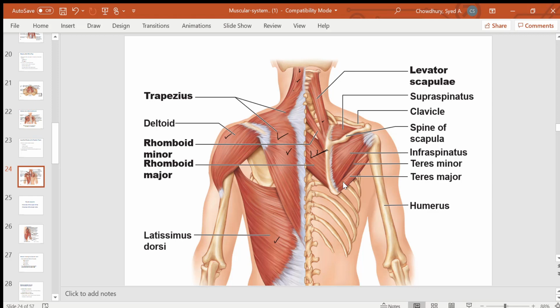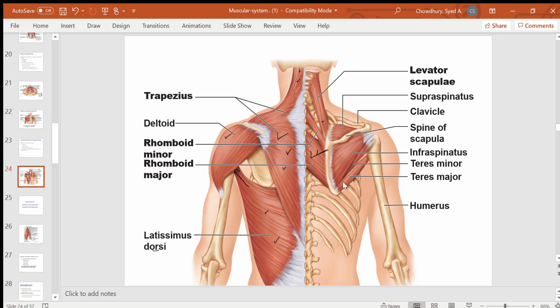This is called latissimus dorsi. So trapezius is above, a kite-shaped big muscle, and this one is below. And you see it goes to the humerus. So it acts on the shoulder joint.